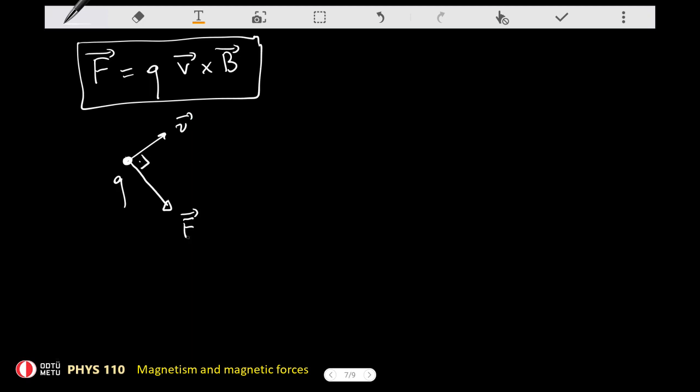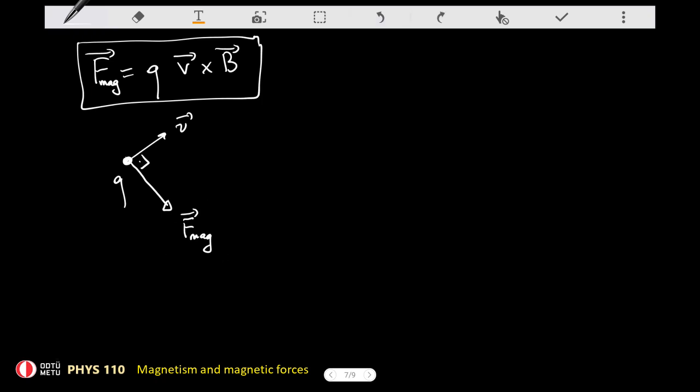That's basically the magnetic force. So let me write magnetic force in here. There can be some other forces that act on the particle. There might be an electric force or a gravitational force. Some other forces might still be present, but we are thinking about only the magnetic force in here, right?